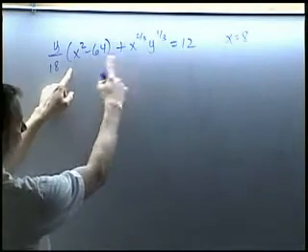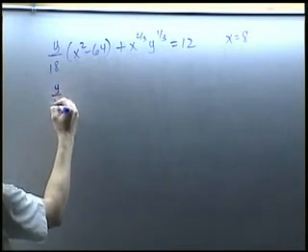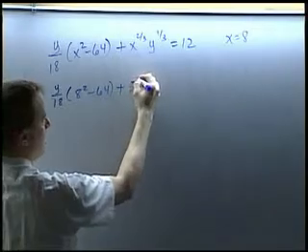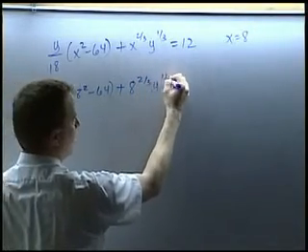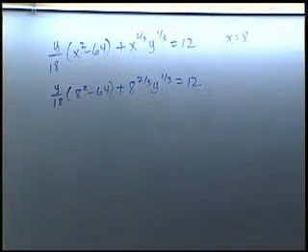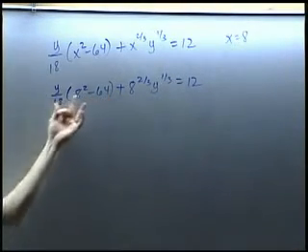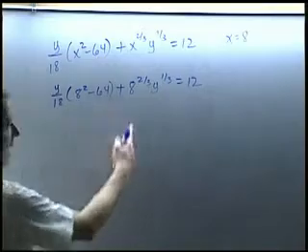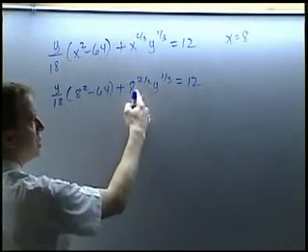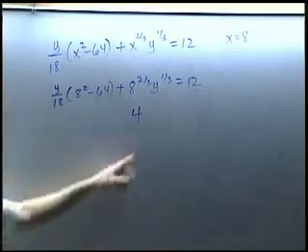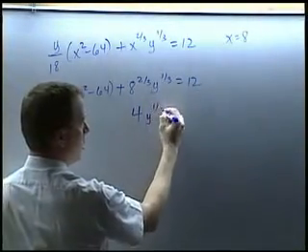So if we go into this function and we sub in x equals 8, 8 squared minus 64, 8 to the 2/3, y to the 1/3 equals 12. Okay, what happens to this first term right here? It zeroes out, right, because this is all just a bunch of big zero here. All right. So now the question becomes, okay, well, what's 8 to the 2/3? Well, that's just a 4, and y to the 1/3 equals 12.